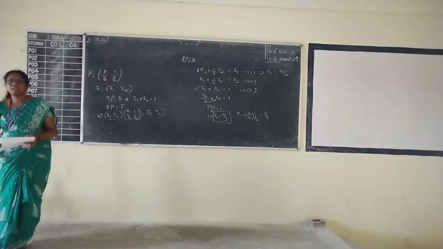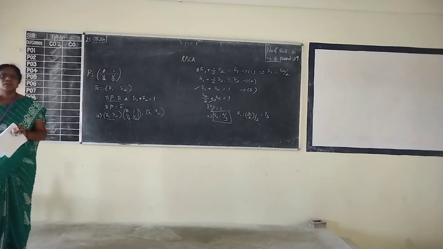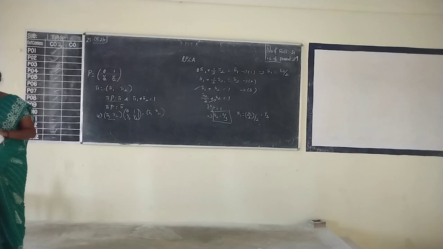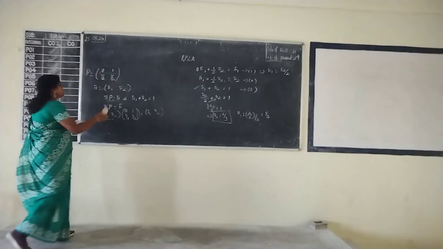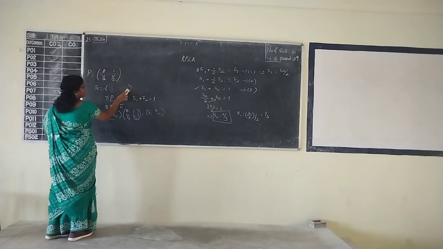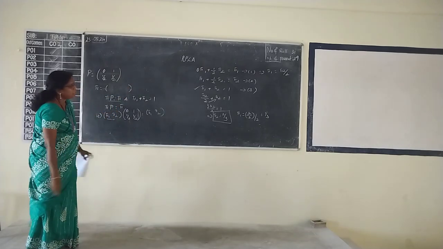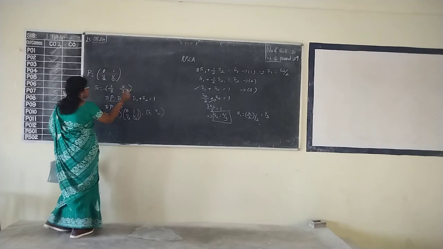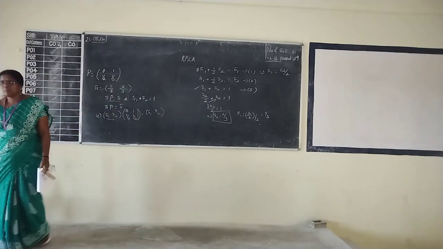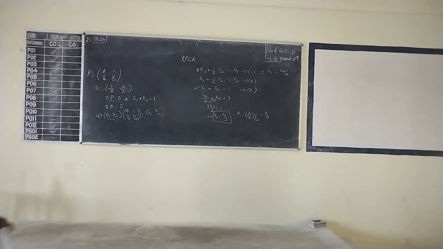Therefore, the steady state distribution of the chain is pi is equal to 1 by 3, 2 by 3.